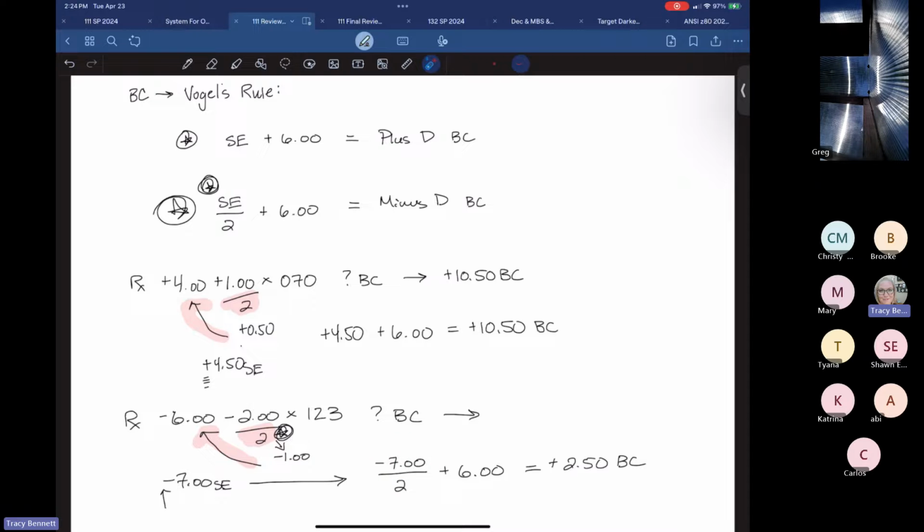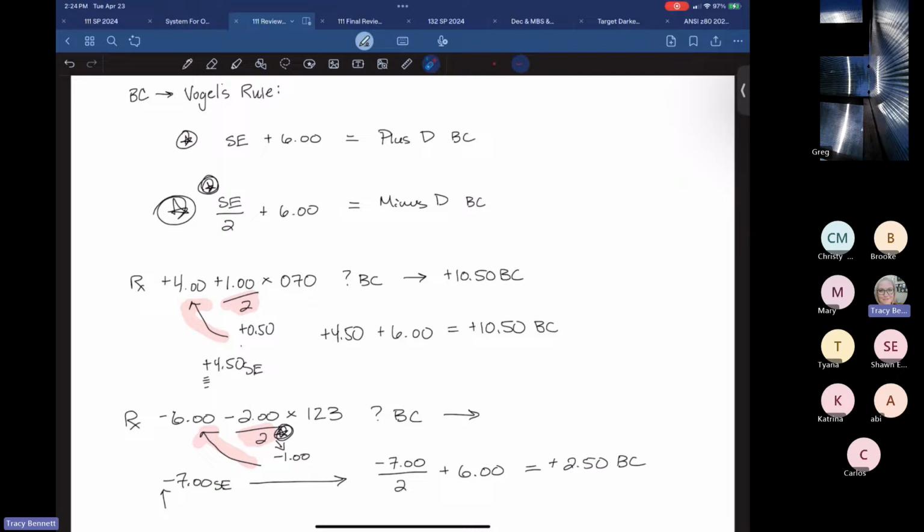If you think about it, though, if you didn't, then we'd quickly go below into minus, and a base curve is never minus unless it's a very extreme power. This is not considered an extreme power. But if you literally took minus 7 and forgot to divide it by 2, then you subtract the 6, you get a minus 1, right?